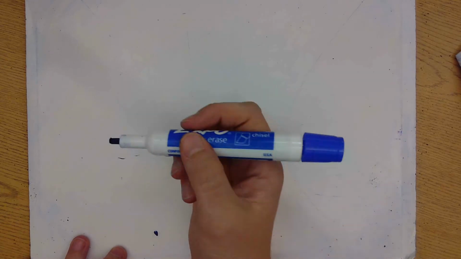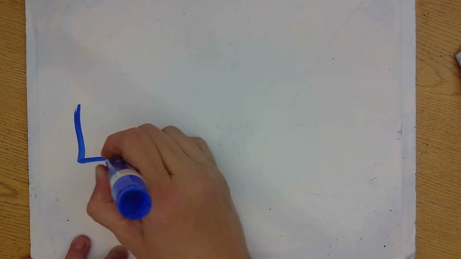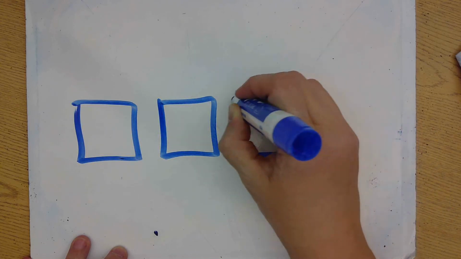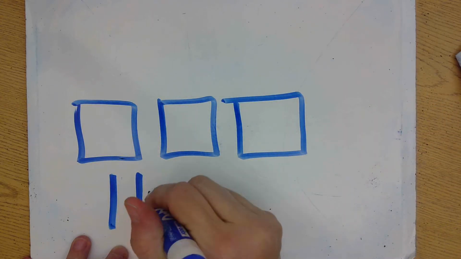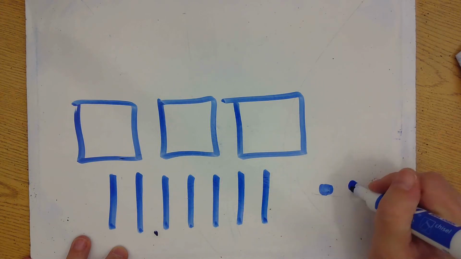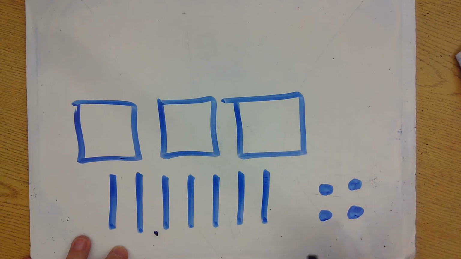Now we're going to do something a little bit different. I am going to draw the base 10 blocks, and you have to tell me what the number is. Watch carefully. What number do you see?